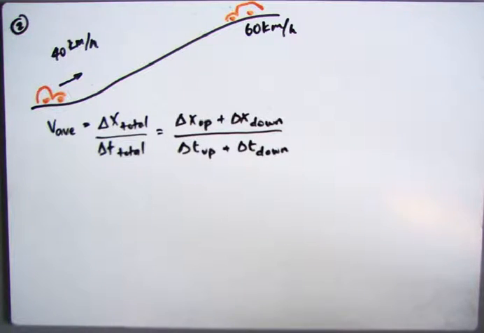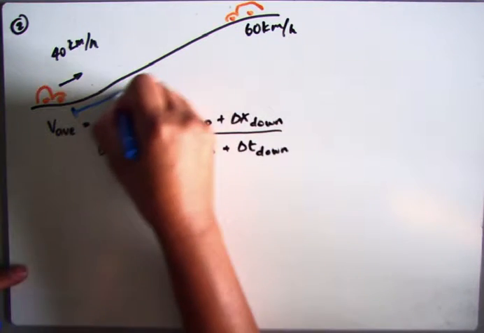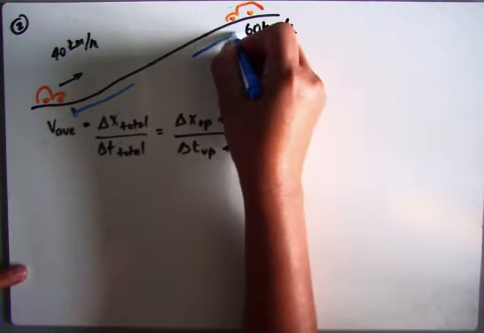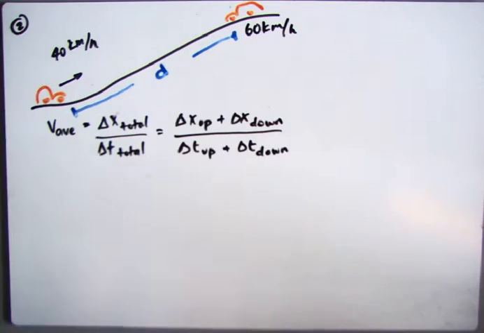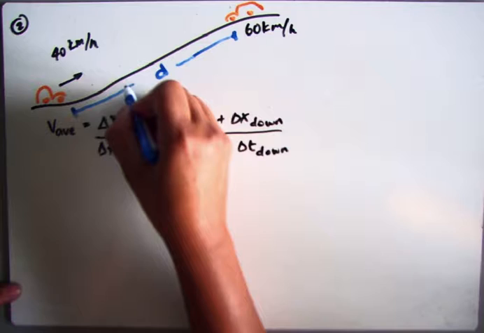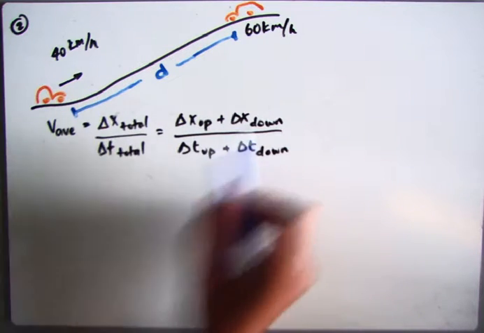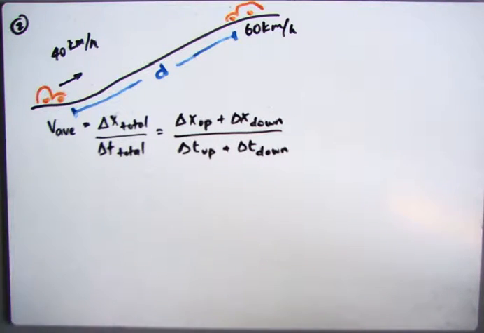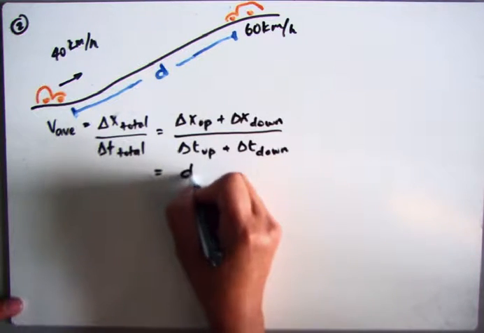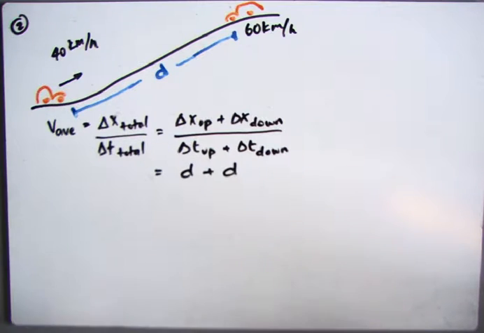I know that the distance up is going to exactly equal the distance down. So let's say this is the distance from here all the way to here. I'm just going to call it d. So I know that distance is the same for the top and for the bottom, so I can just call each one of those d. When I set up this equation, I can just say this is d plus d, right?